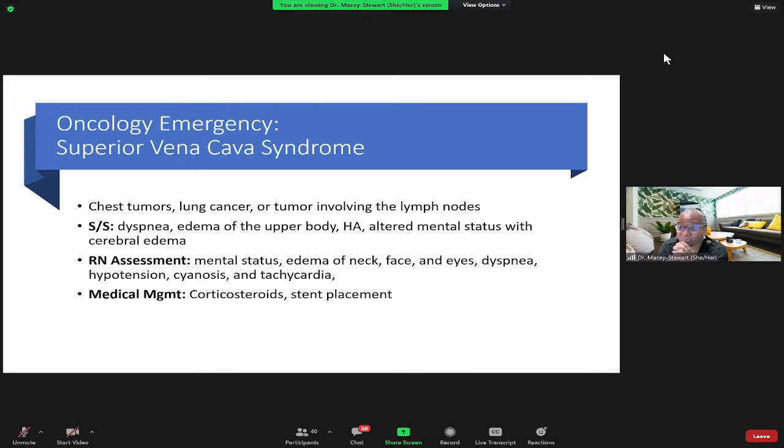You'll have some edema in your upper extremities. You will see altered mental status, because the edema will go from the upper part up to the brain. It'll cause cerebral edema. So that's where you'll get the altered mental status. They might have edema of their neck, their face, and their eyes.